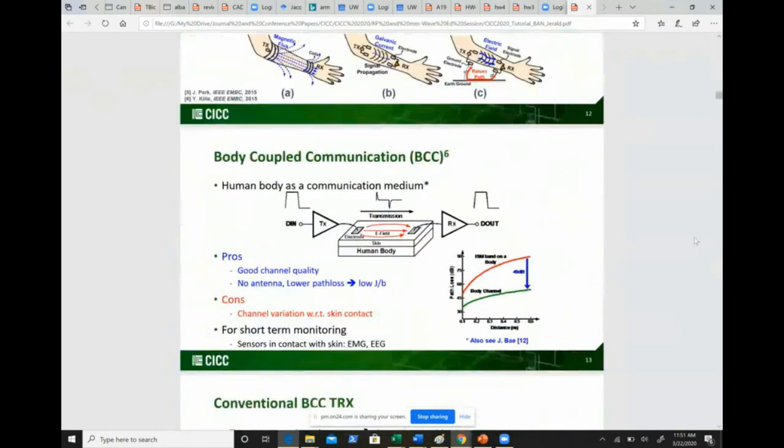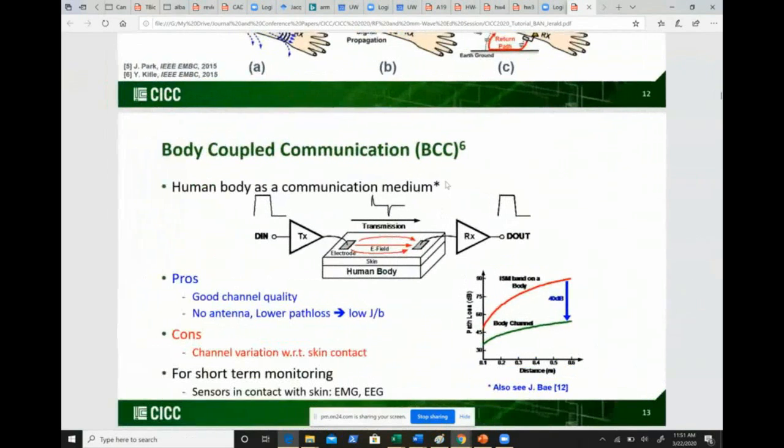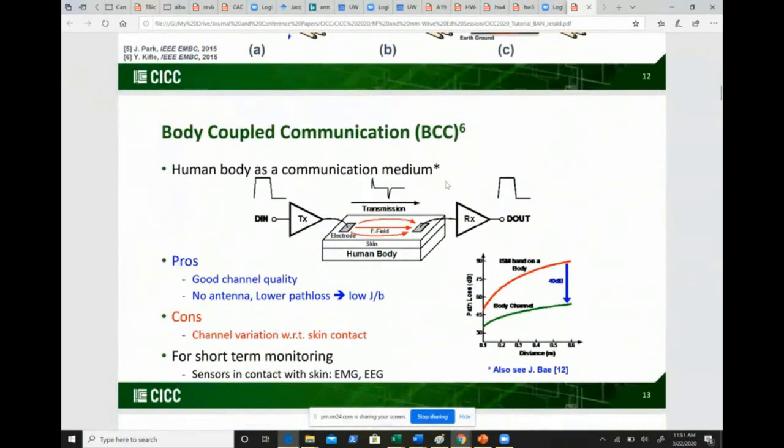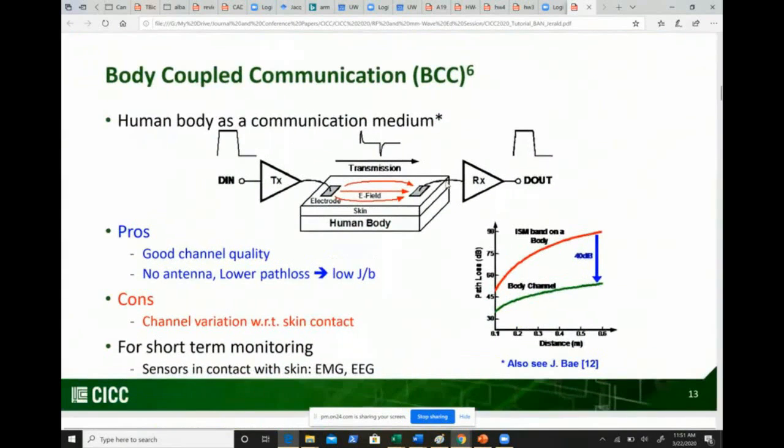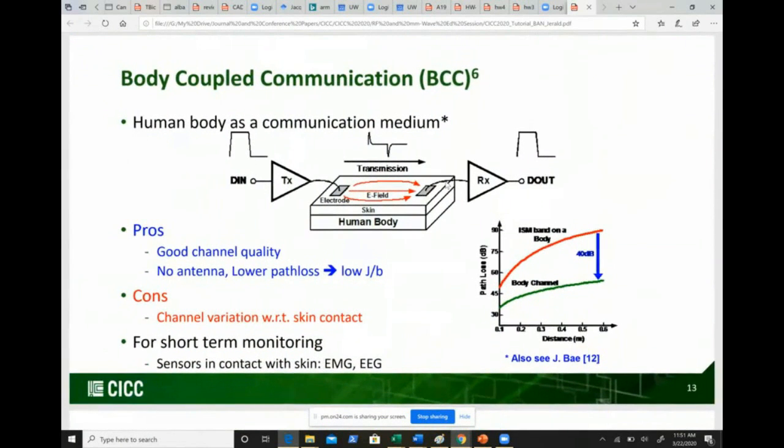This slide right here? Yeah, there. If you look at the graph on your lower right, it's not measurement-based, it's a conceptual graph, but it tells you the concept. If you measure the path loss of the ISM band on a human body, the key point here is on the human body, not free space, versus the capacitive-based coupling on the human body communication.